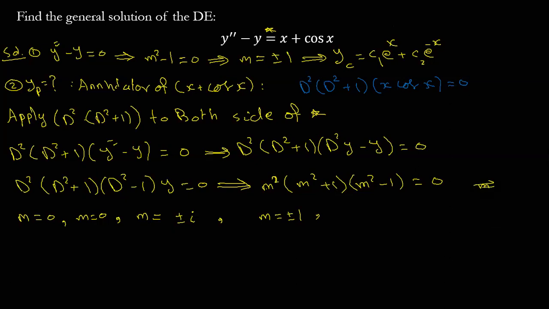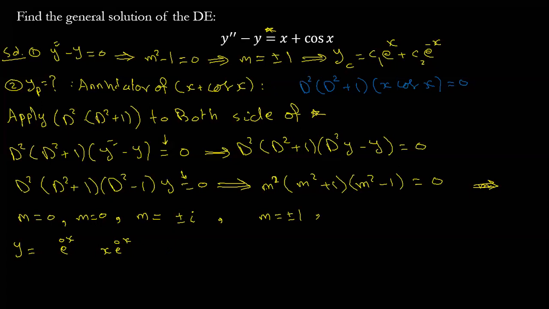So now, Abdurrahman, continue please to find the solution of the new homogeneous equation, this one. So y1 is equal to e to the power of 0x, great. y2 is x e to the power of 0x, great. And then y3 is e to the power of 0x cosine beta x.